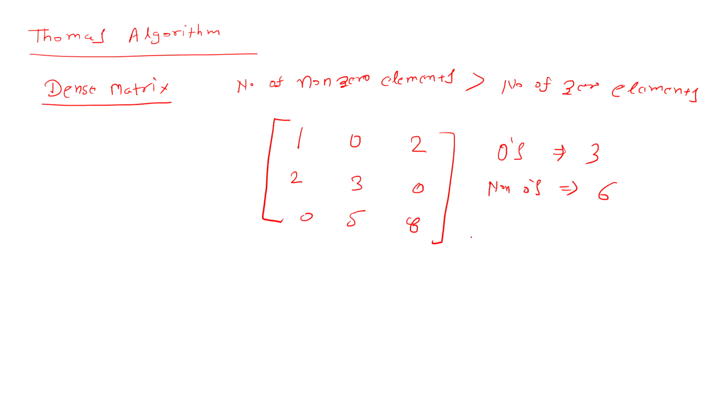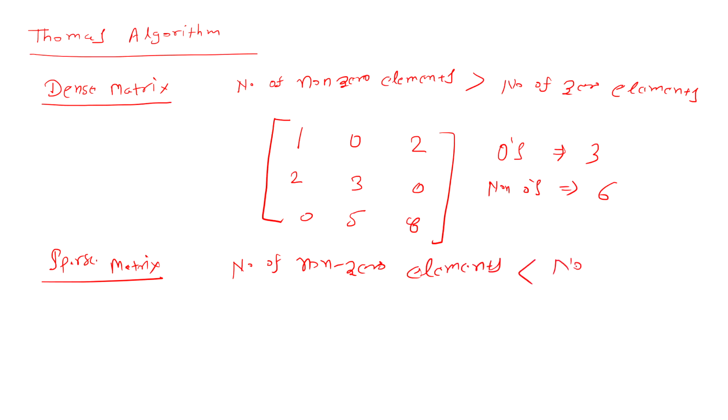The second type of matrix based on the elements is called banded matrix. But before going into the banded matrix, let's talk about the second type of matrix, that is called sparse matrix. So in sparse matrix, number of non-zero elements is less than number of zero elements.